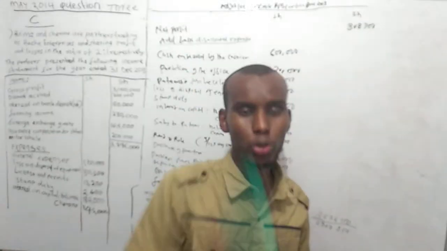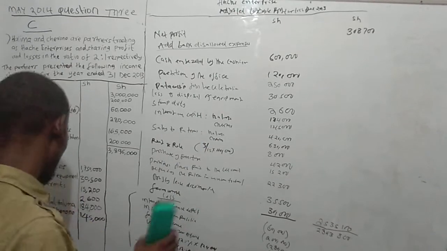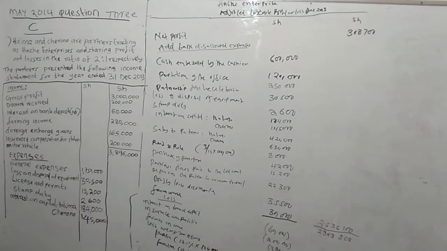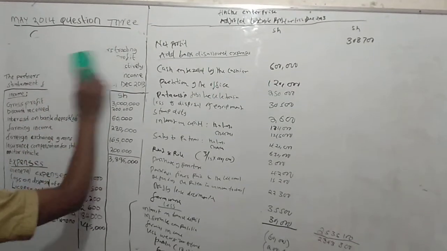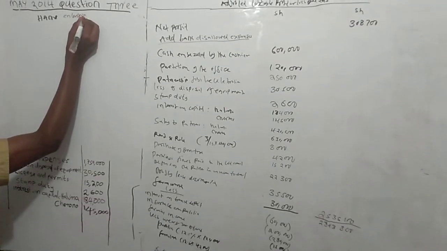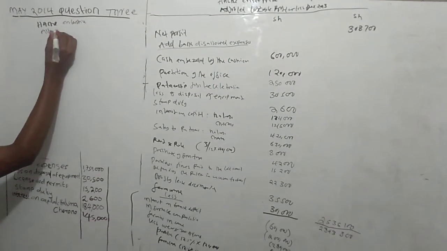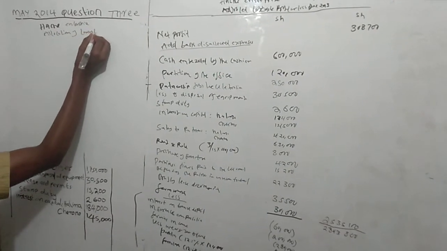Allocation of taxable profit. Let me use this column here. Let's have the allocation of taxable profit.